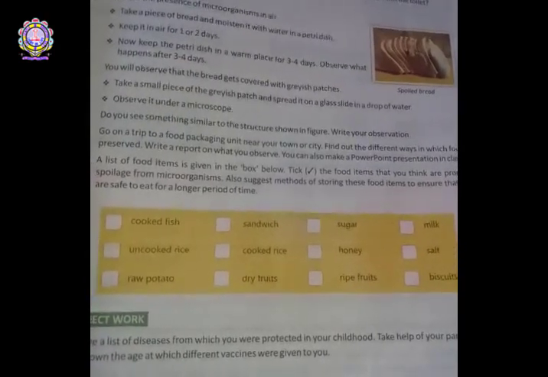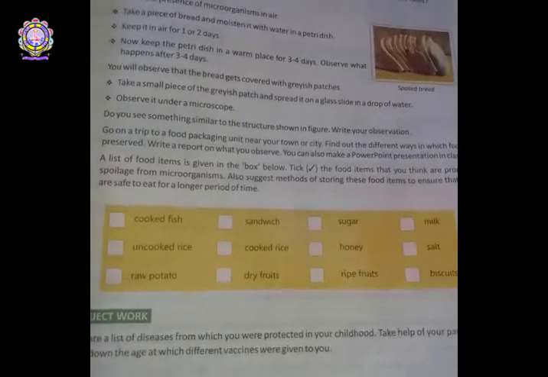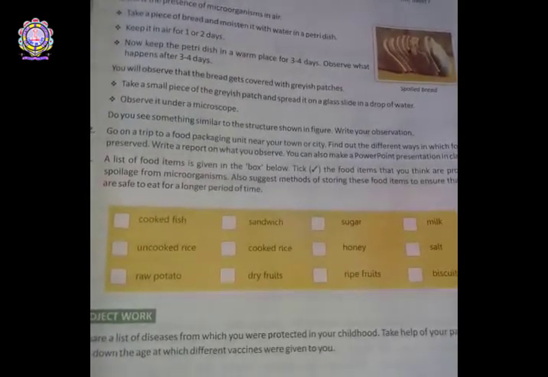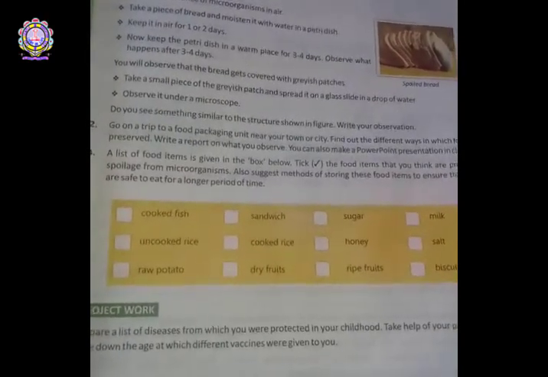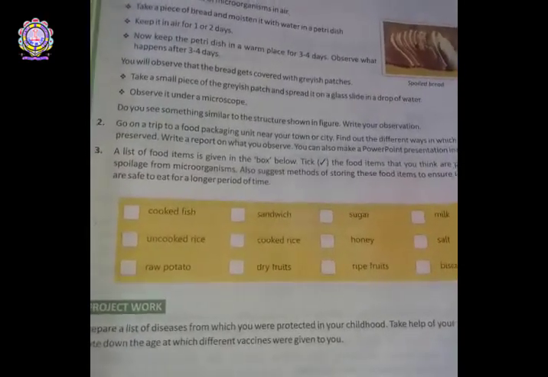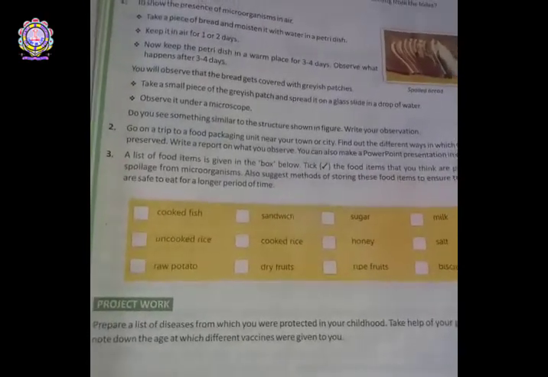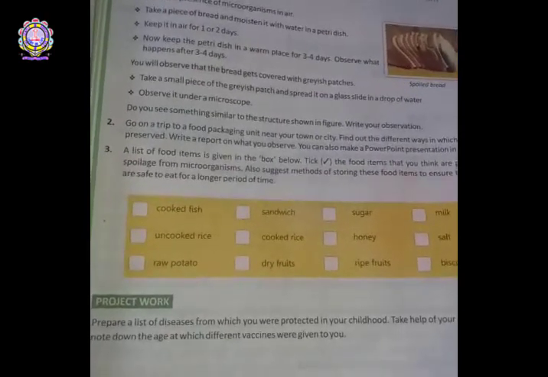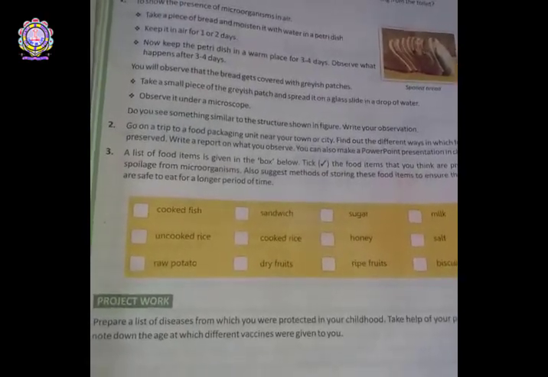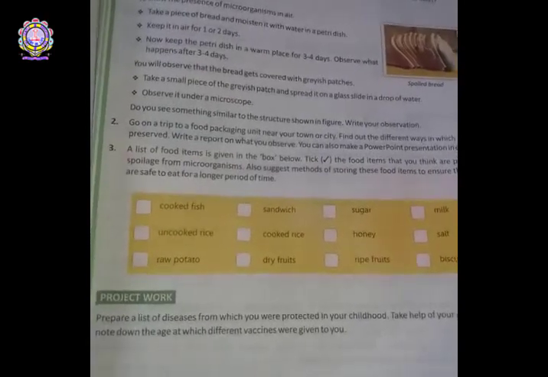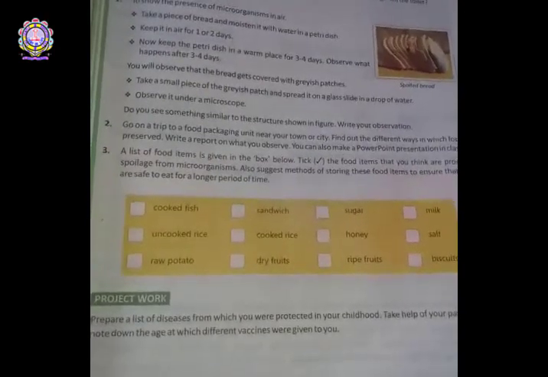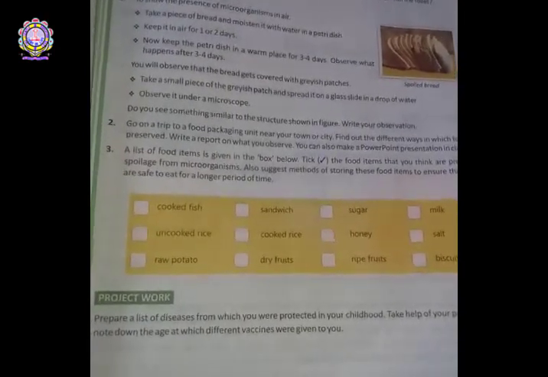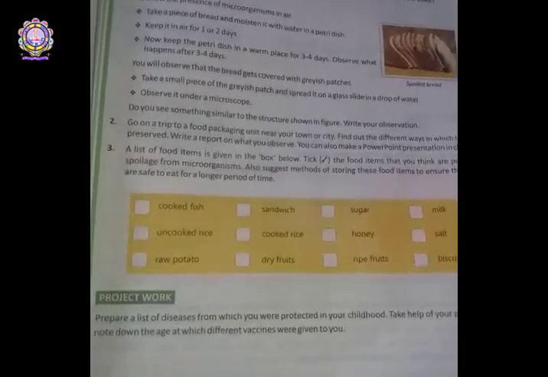Take some of this spoilage material on a finger and spread it on a glass slide. Then observe it under a microscope. What are you seeing? You see some tiny organisms. They are the fungus.